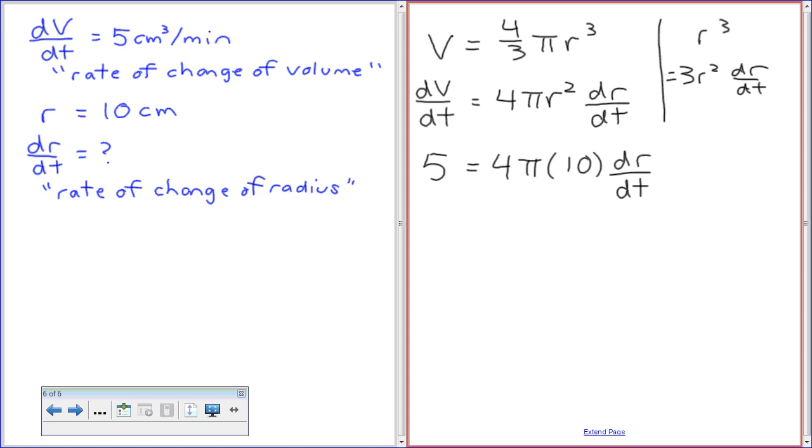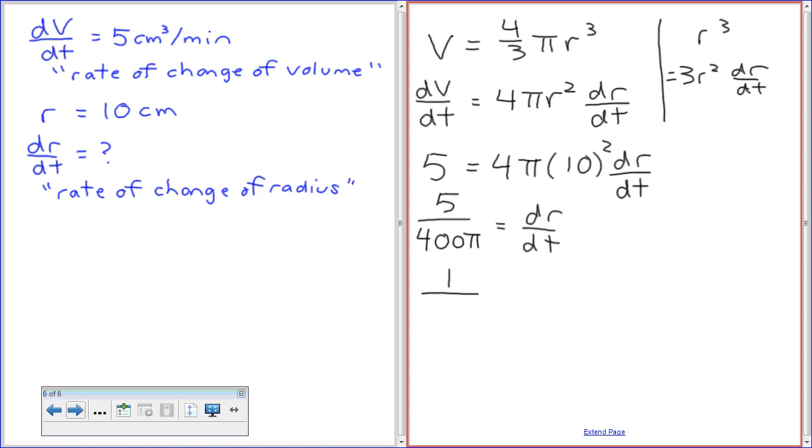So this is gonna be a little bit messy, I'm gonna call that 5 over 40 pi. Should the tens be squared? Yeah. Oh my goodness, Mr. Sadler, you're slipping here. 5 over 400 pi, how's that? Better. Beautiful.